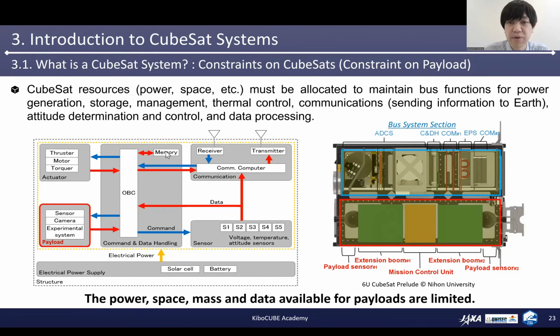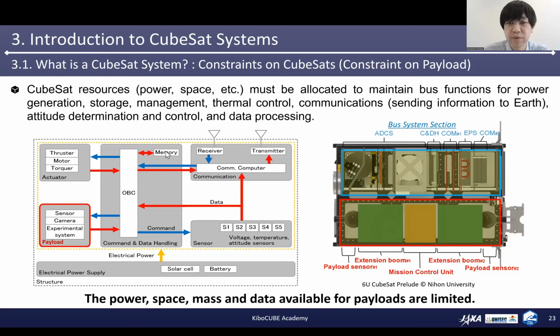As shown in this figure, the proper operation of a CubeSat is not only dependent on the payloads, but also on the proper operation of the other component in the satellite system.